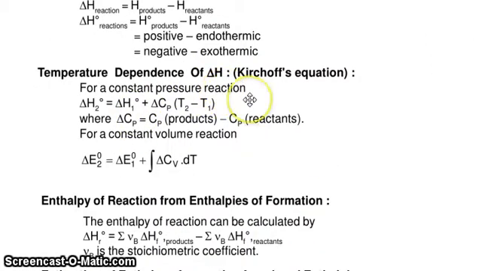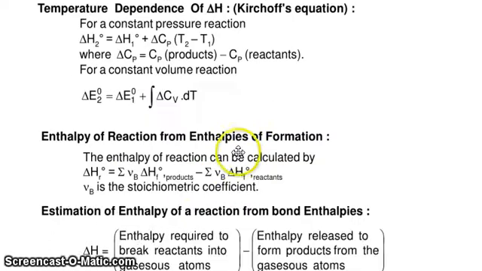Now friends, temperature dependence of delta H, Kirchhoff's equations. For constant pressure reactions, delta H at T2 is delta H naught plus delta Cp times (T2 minus T1), where delta Cp is Cp products minus Cp reactants. For constant volume reactions, delta E2 is delta E1 plus the integral of delta Cv dT.